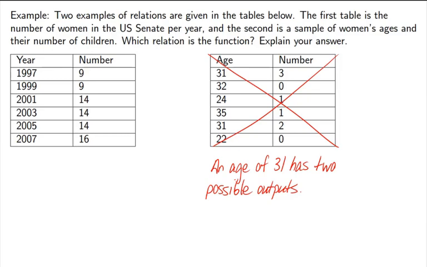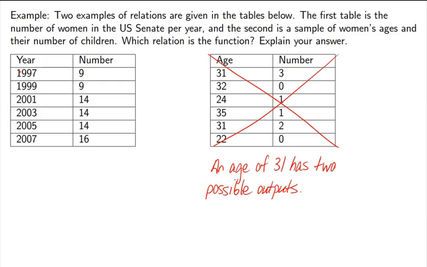So with that said, let's take a look at the first table. So in the first table, we don't see any duplication among this first column. It's all different years. Now there's definitely some duplication of numbers on the right column, but the fact of the matter is each year has a unique number associated with it. The number 1997 has all the same values of just 9.